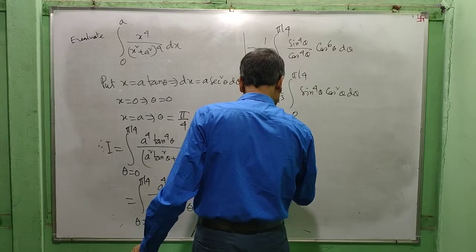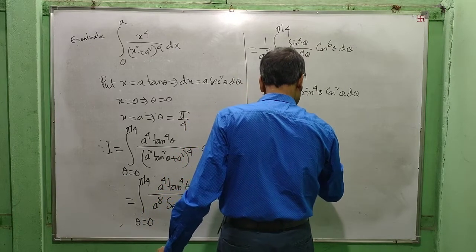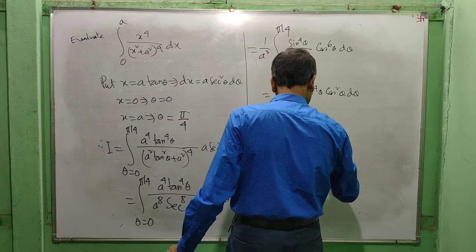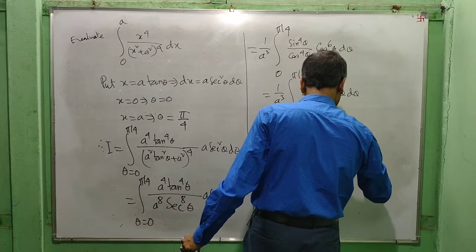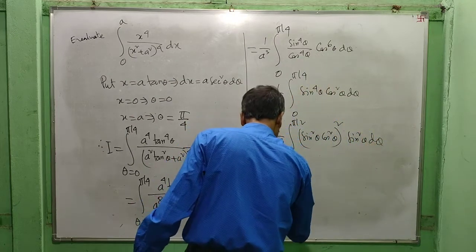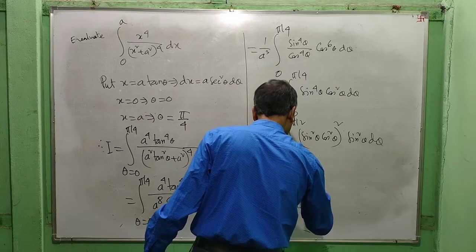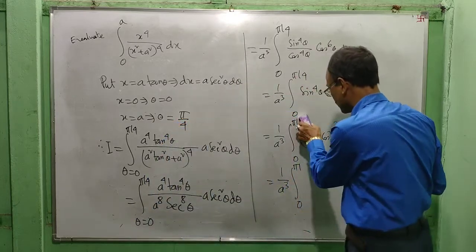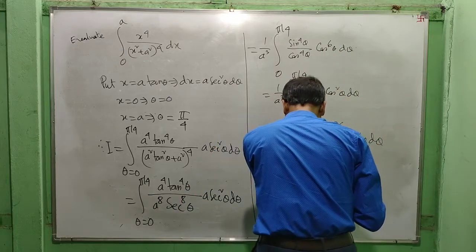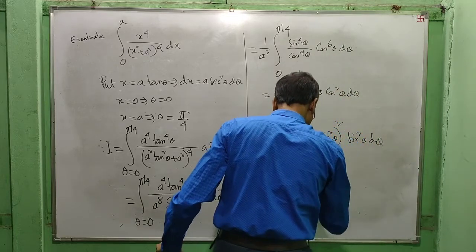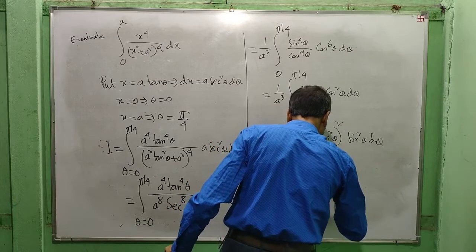This is equal to 1 by a cube integration 0 to pi by 4 sine square theta cos square theta whole square into sine square theta d theta. You may write like this. This is equal to 1 by a cube integration 0 to pi by 4, it is not pi by 2, it is pi by 4. 1 by 4 sine square twice theta.